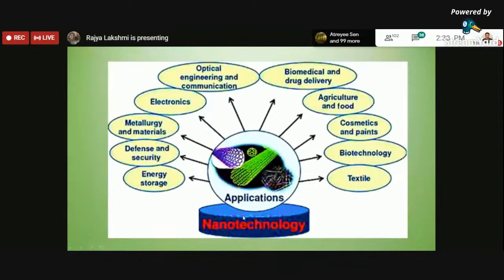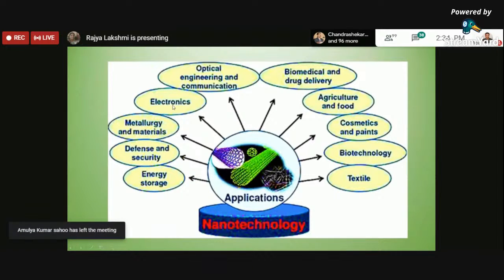covering almost all the fields where we are experiencing various types of services and products from various departments. You can see here energy storage. There is a lot of impact of nanotechnology. I'll explain what properties are improved with nanotechnology related to energy. And defense and security, of course, there is a lot of impact. Materials and metallurgy, of course, nanotechnology is completely related to materials and metallurgy.